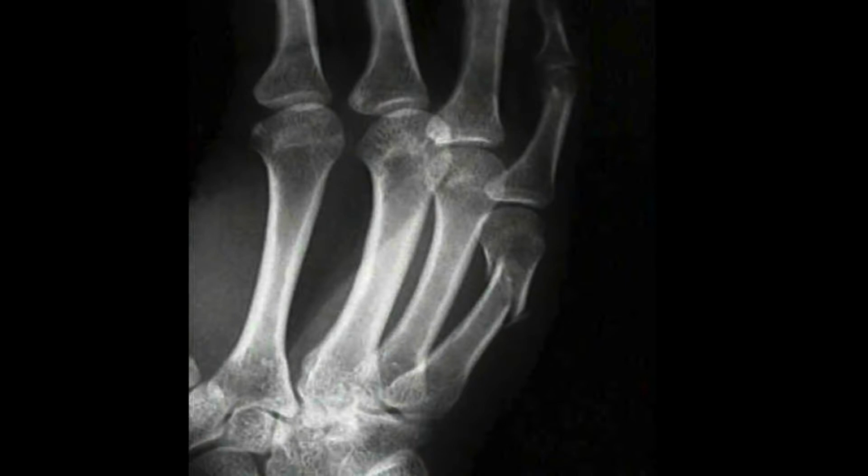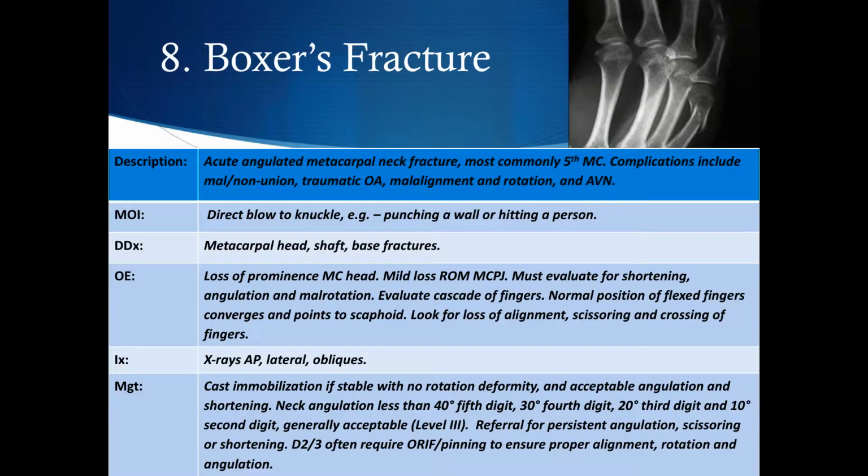Acceptable angulation varies depending on the digit, and there is less acceptable deviation as you proceed from the fifth digit to the second digit. Slide 17 provides acceptable angulation starting at 40 degrees in the fifth digit and proceeding to 10 degrees in the second digit.